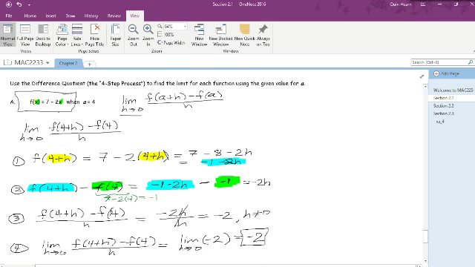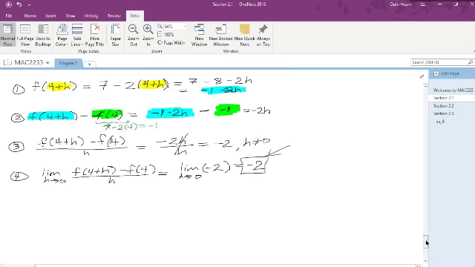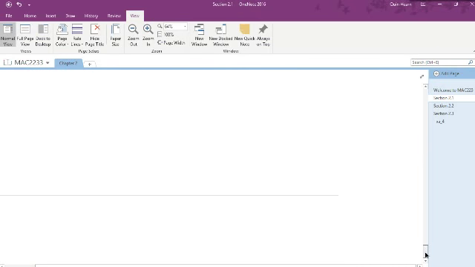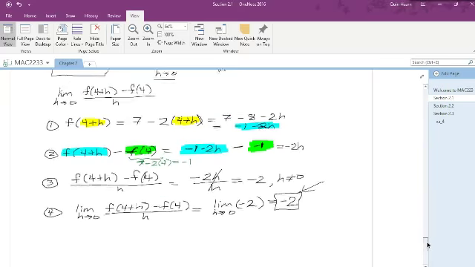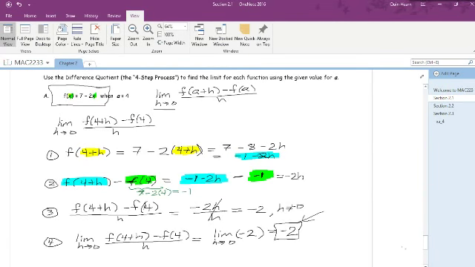So it makes sense that if this is truly related to slope, we ended up with a negative 2. If you calculate the limit of the difference quotient for a linear function, you're always going to end up with the slope. But of course, we're going to be doing it for lots of other kinds of functions as well. And those will not end up to be an obvious solution.